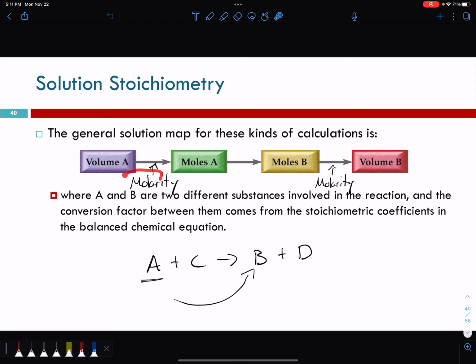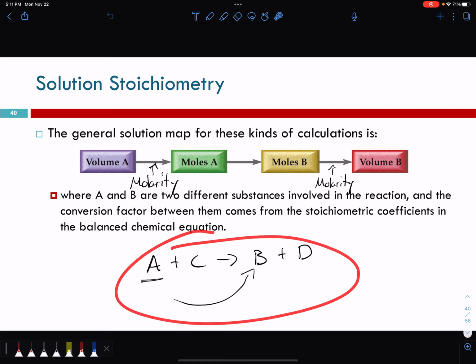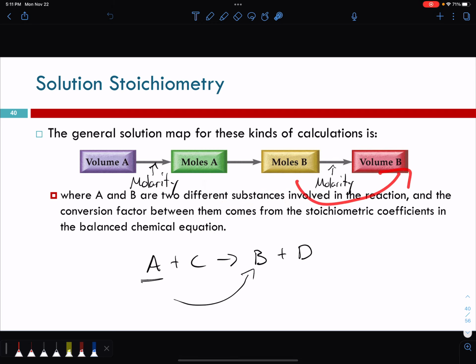And you can use that molarity to convert from volume to moles. And then use that to convert to moles of something else in your reaction equation. And then eventually find the volume of B. Or if you're given the volume, you can find the molarity because you have moles and volume.